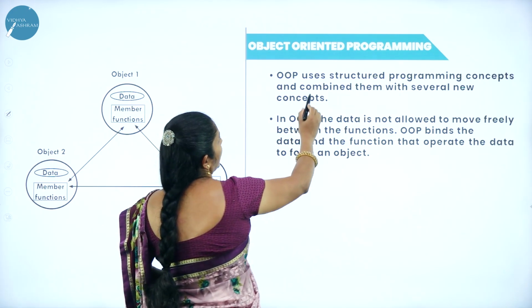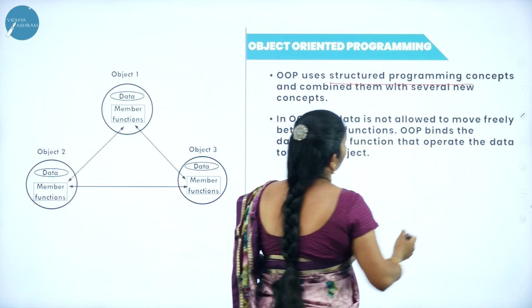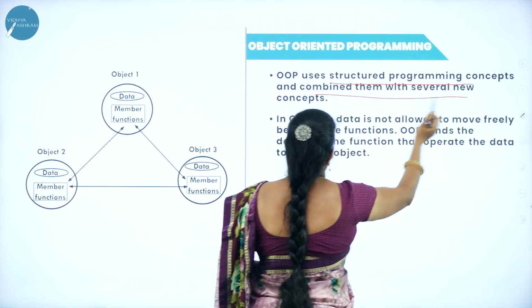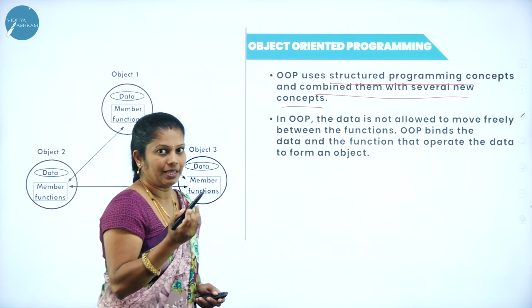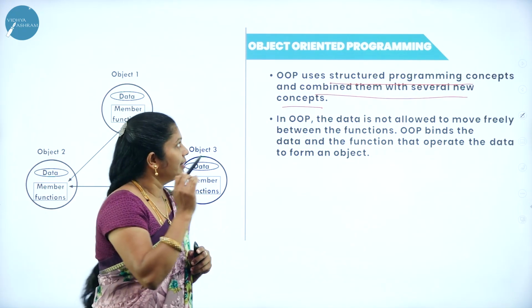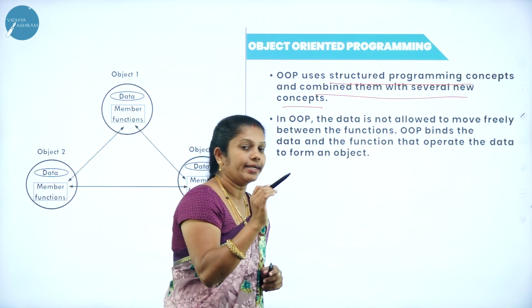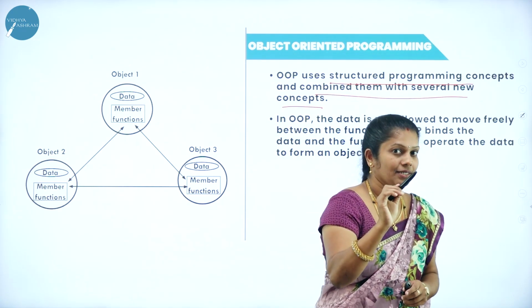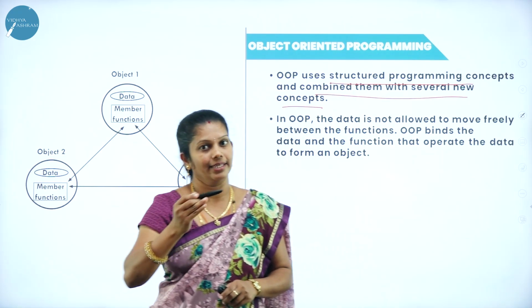In OOPs, it uses the structured programming concept and combines it with several new concepts. The name itself, object-oriented programming, means it concentrates on object, or I can say data, rather than procedure.